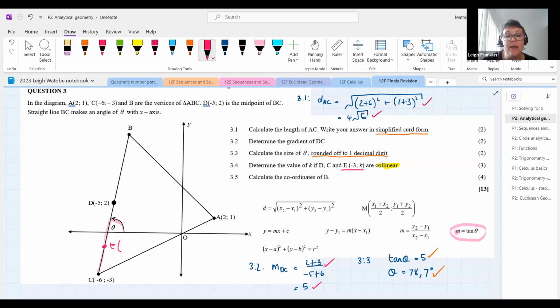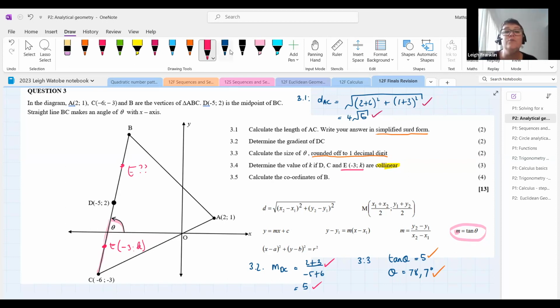It would make sense that it would have to be negative then, wouldn't it? -3 and K. So we know that the X is negative, but we don't know whether it's in the third quadrant, or it could be somewhere up here as well. E could also be there. We actually don't know its position. So we know that the X is negative, the K could be positive, or it could be negative.